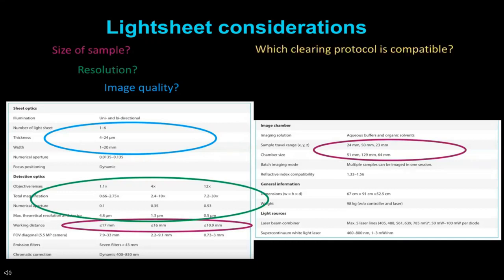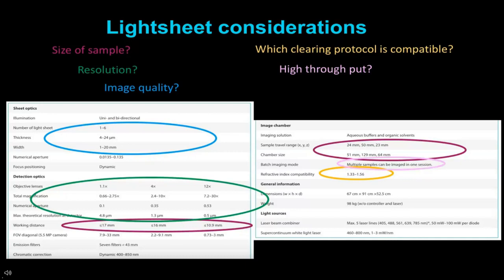And then, is your clearing protocol compatible? Here you want to look at the compatibility with refractive indices, and often you will find that you can use both the water-based protocol or a DBE or ethyl cinnamate based protocol.